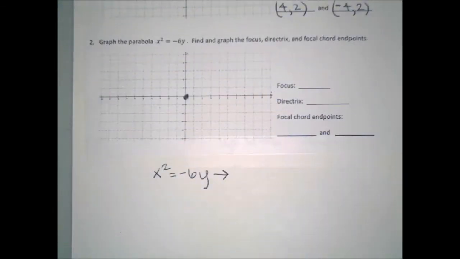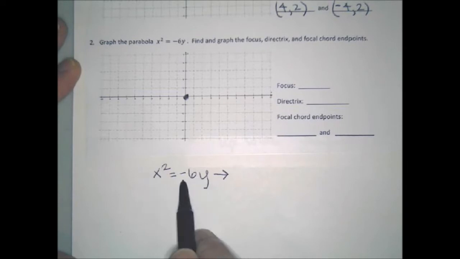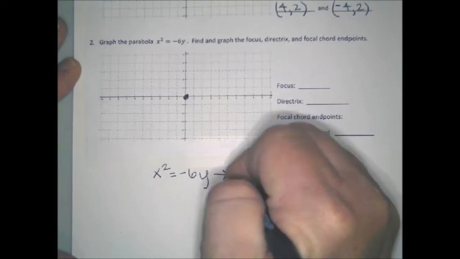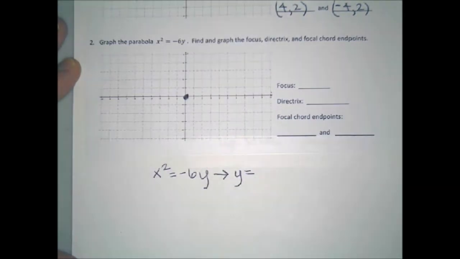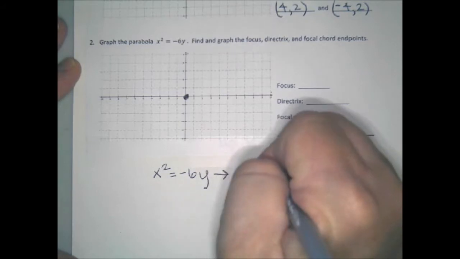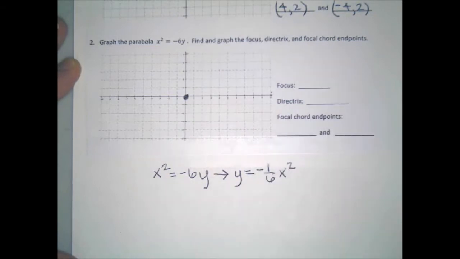Okay, let's try this second example. x squared equals negative 6y. Well, remember, the first thing I want to do is get y by itself, so I'm going to divide both sides by negative 6, and I'm going to end up with the equation y equals, now I'm not going to put x squared over negative 6, I'm just going to say negative 1/6 x squared.